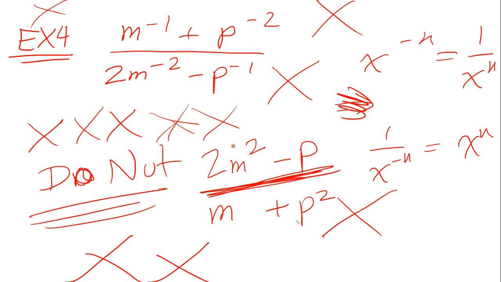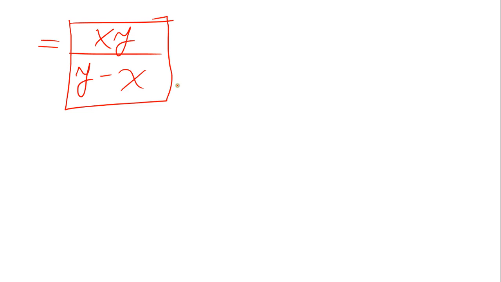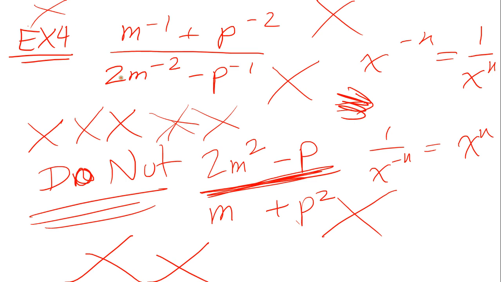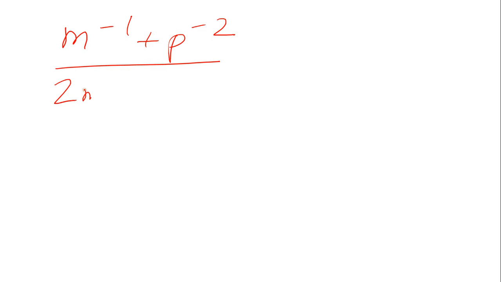Okay, this is how you go about that. So let's rewrite this. To m to the minus 2 minus p to the minus 1.